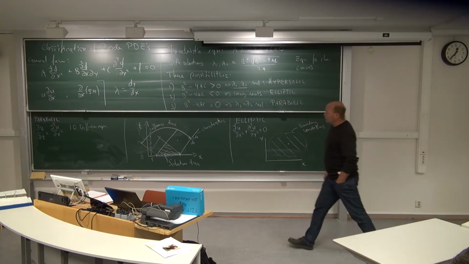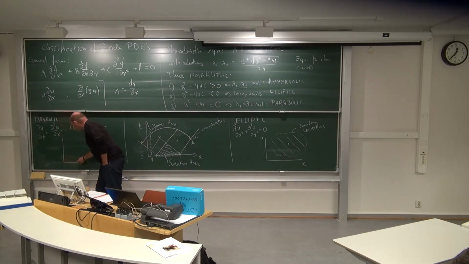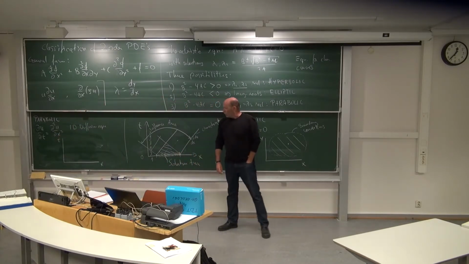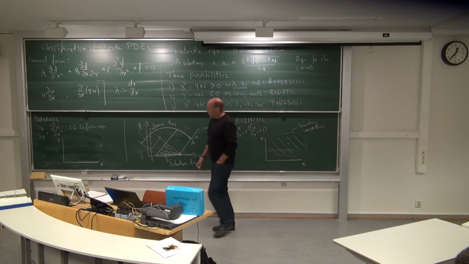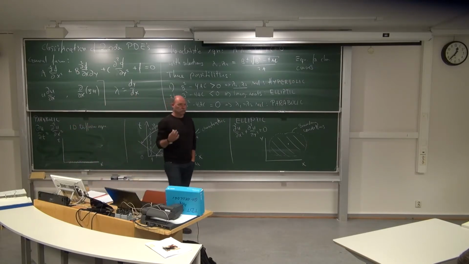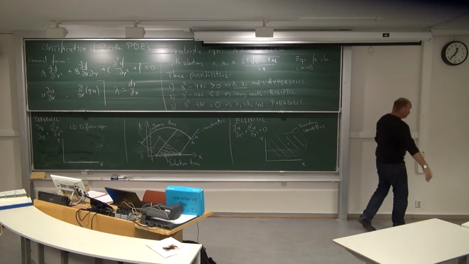What boundary conditions do we need here? In x and t. Well, we need initial conditions. So at time equals 0, we have to know the solution in space.